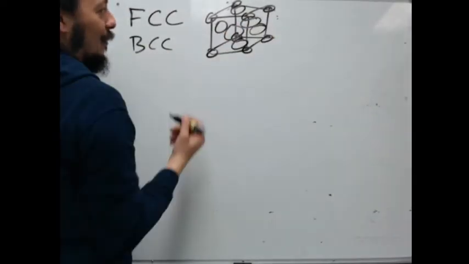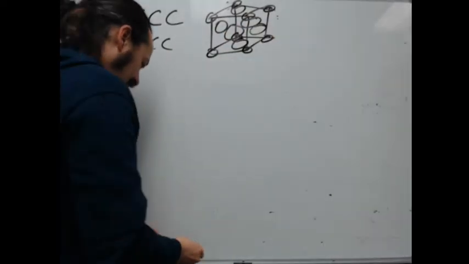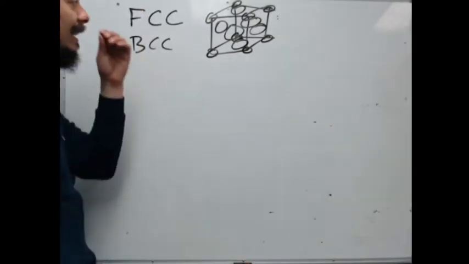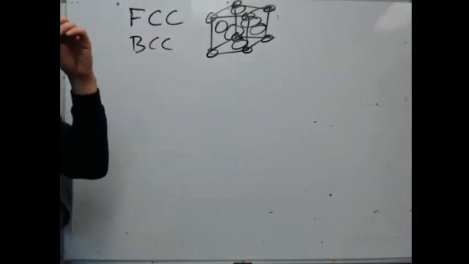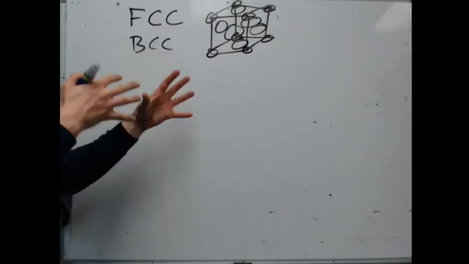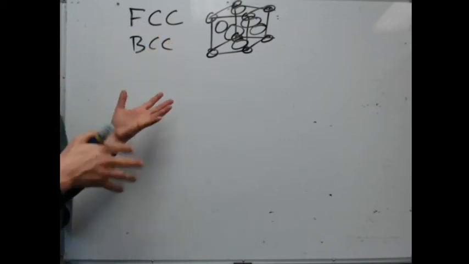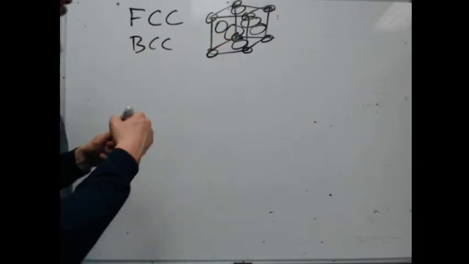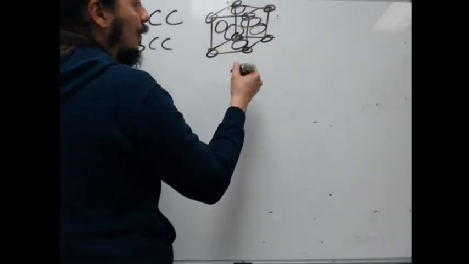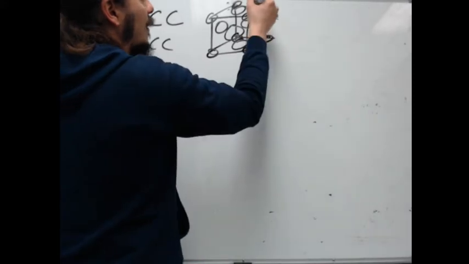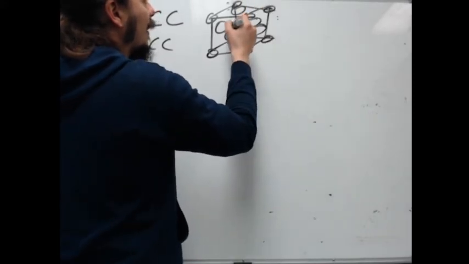I just had to make sure I got the one on the front. And now the trick is, if it's an FCC BCC overlap, the BCC has to overlap in some way that's offset from the FCC. Otherwise I can't have atoms at the corners of these. So there has to be some offset.